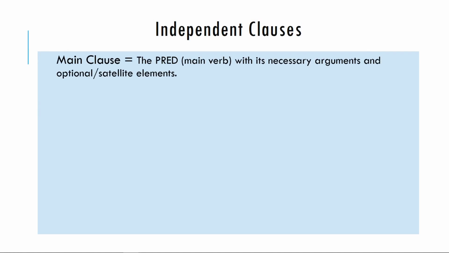So an independent clause requires a predicative, right? A main verb, a conjugated verb, and all of its necessary arguments and whatever optional satellite elements it might have.